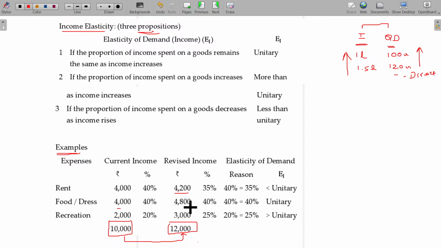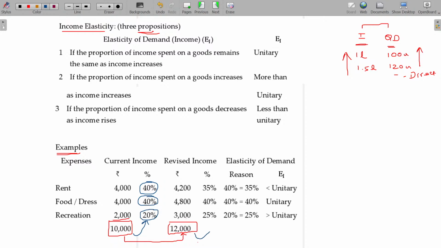And for food and dress, you will now spend on some decent food and quality dress. But most money will go for where? Recreation. This is the logic. It means in your total income, how much percentage do you spend for rent? 40%. For food and dress, 40%. Recreation, 20%.